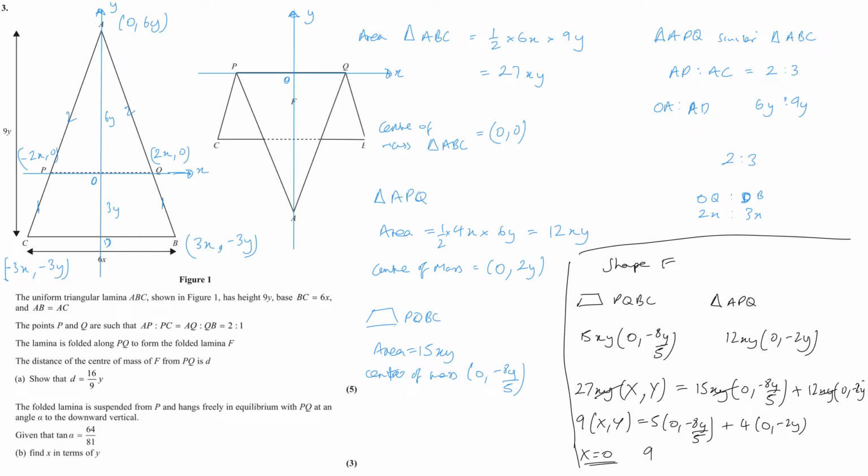And then we've got 9Y equals minus 8y minus 8y. So capital Y equals just minus 16y over 9.